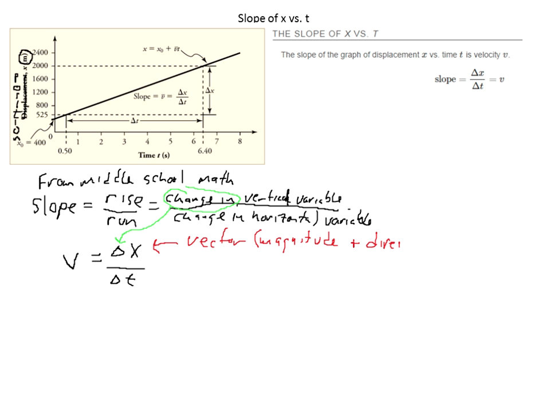And time is a scalar. Time does not have a direction in the sense of north, south, east, and west. You can say, well, time can move forward, or if we're talking science fiction, time can move backwards, or if we're talking about some college classes, time stands still. But for the most part, we think of time as a scalar, moves forward in one direction. Time marches on.